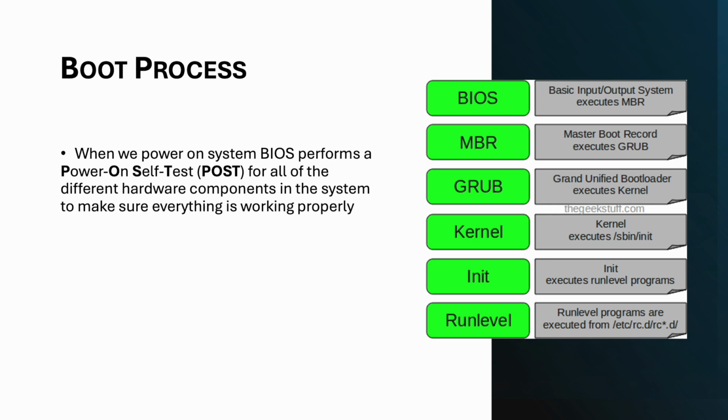This is followed by the last step of the boot process, run level. Whenever the Linux system is booting, we can see various services getting started. Those services are located in different run levels and are executed from the run level directory as defined by our default run level. Depending on the default run level, the system will execute the programs and our boot process is complete.